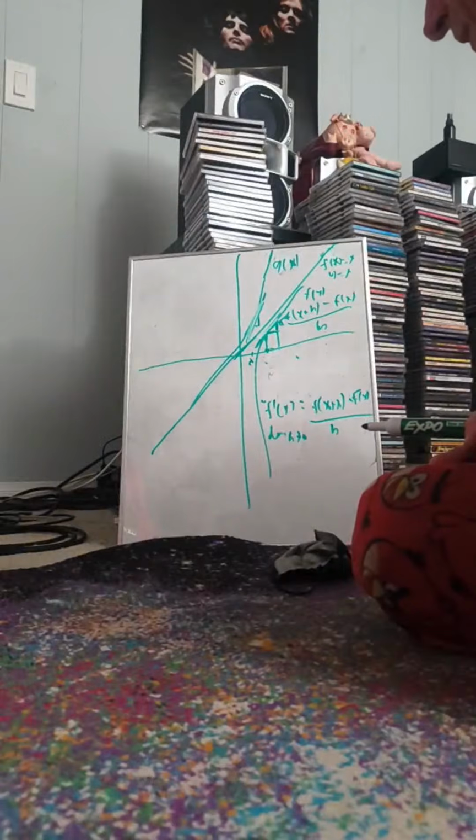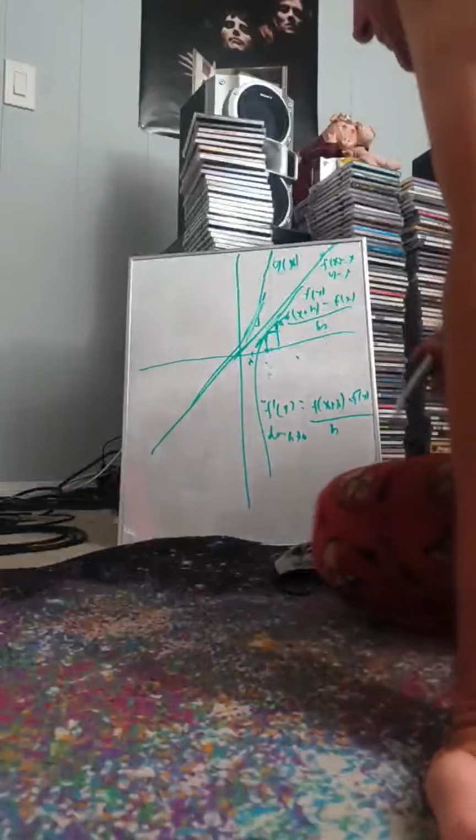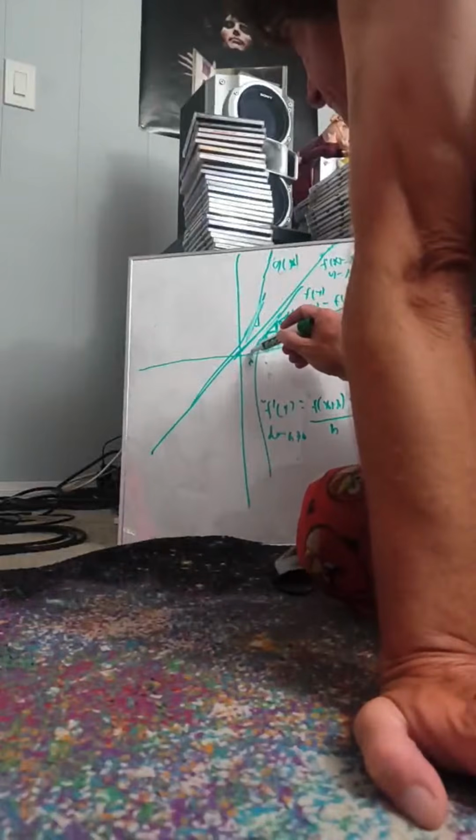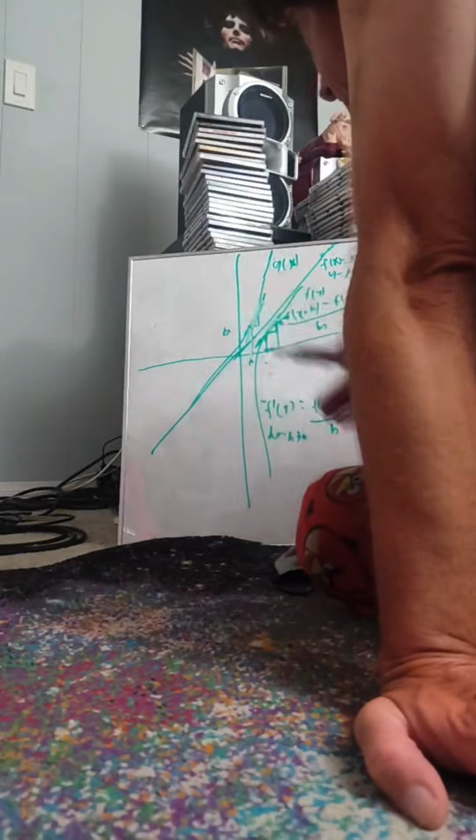That means one is 1 over the other. How do I go about showing that? Okay, let's do it like this. If this is A right here, then this is B.